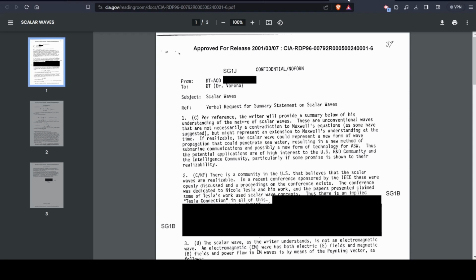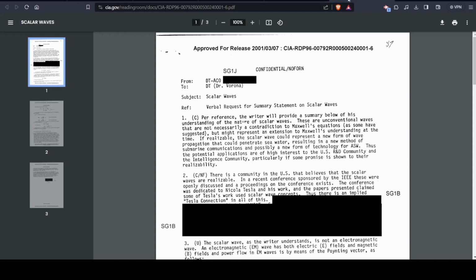They may not attenuate like electromagnetic waves do. Their existence is not proven, but if they exist, their energy source is not clear. They have a quantum mechanical flavor about them. End quote. So that was from a CIA paper in 1987.